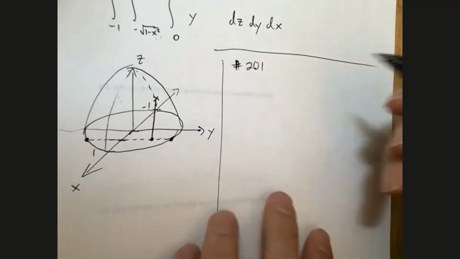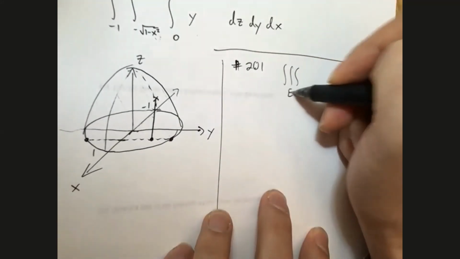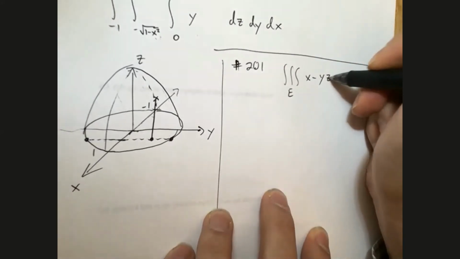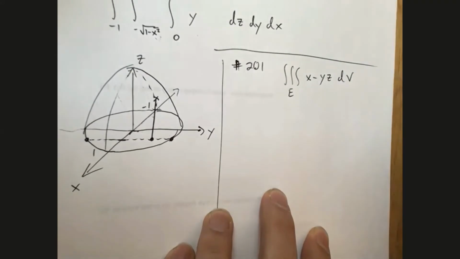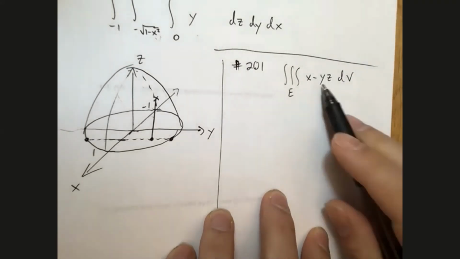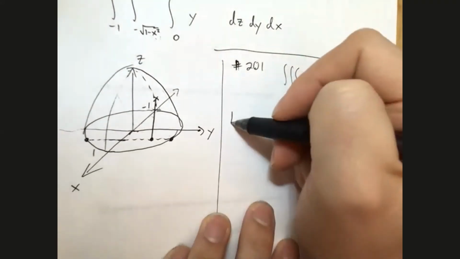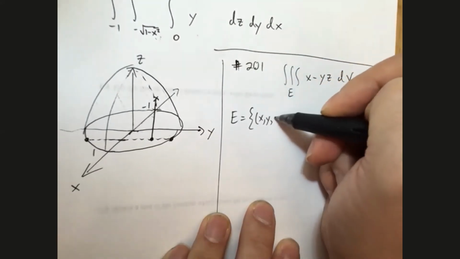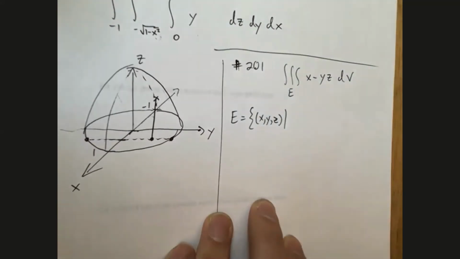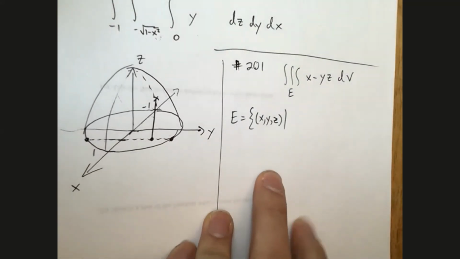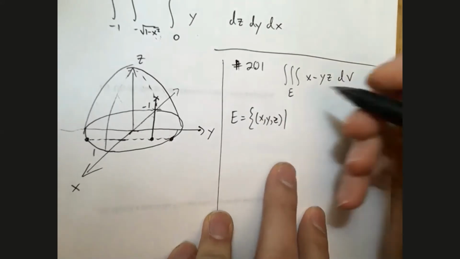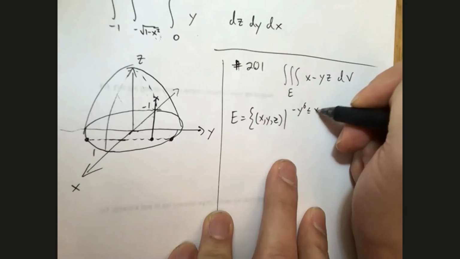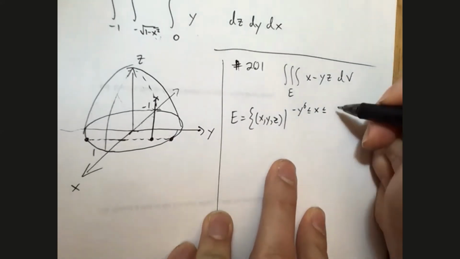They want to do the integral over this region. It doesn't matter what function I put in here because we're not going to actually do the integration, but this is what they want us to do. The region is the set of all x, y, z such that they say that x is between -y to the 6th and square root of y.